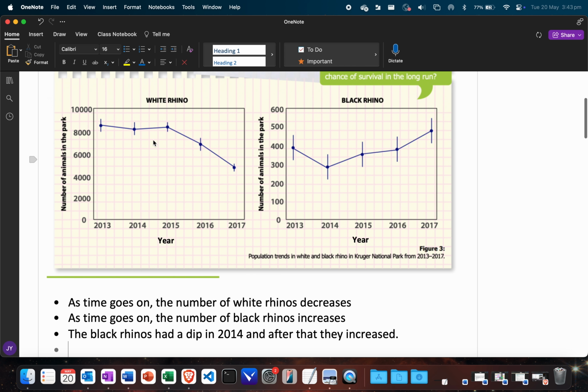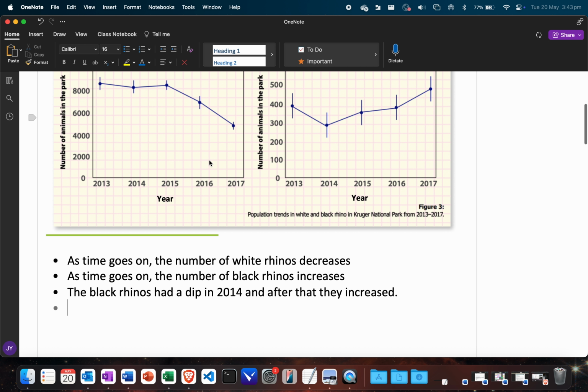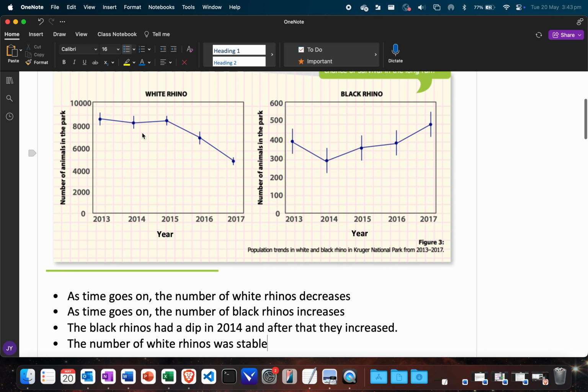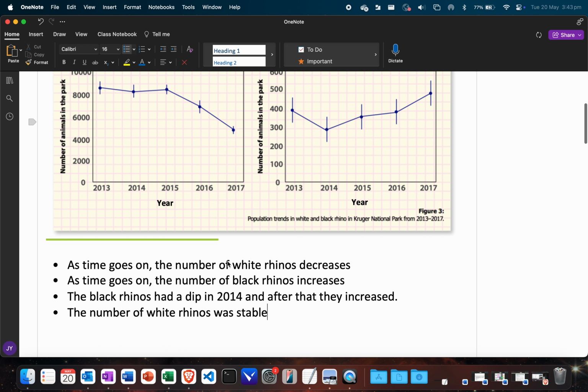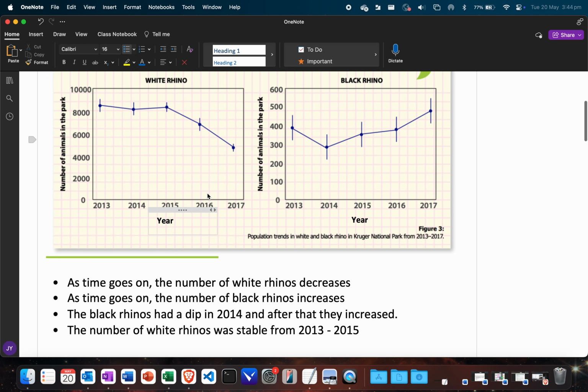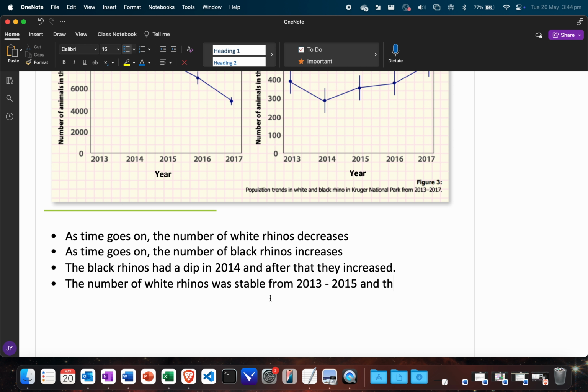Whereas if we have a look back at these white rhinos, after 2015, that's when it really started going downhill. So maybe the number of white rhinos was stable. The numbers kind of stayed the same from 2013 to 2015. So the number of white rhinos was stable from 2013 to 2015, and then decreased.